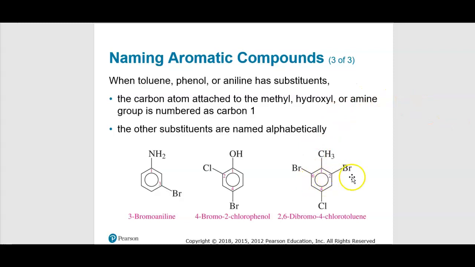Look, methyl is number 1, so you've got bromine on the 2 carbon, and you don't go backwards, you go all the way around the ring to the 6 carbon. I don't know if there are any problems on that, but I don't see any here.